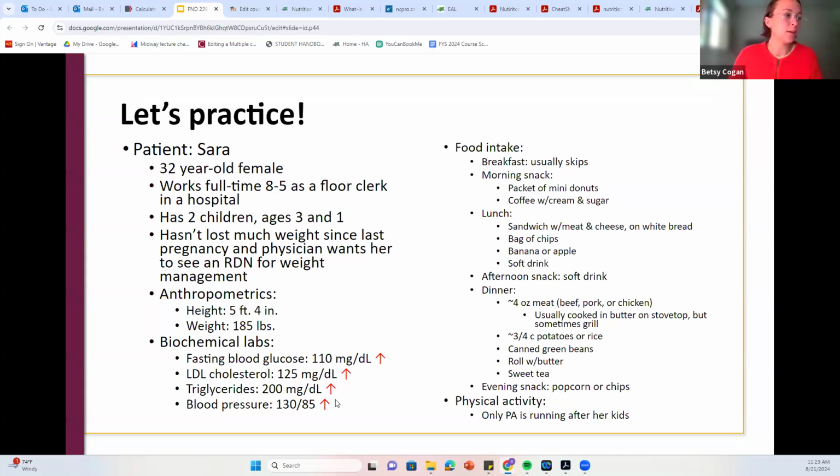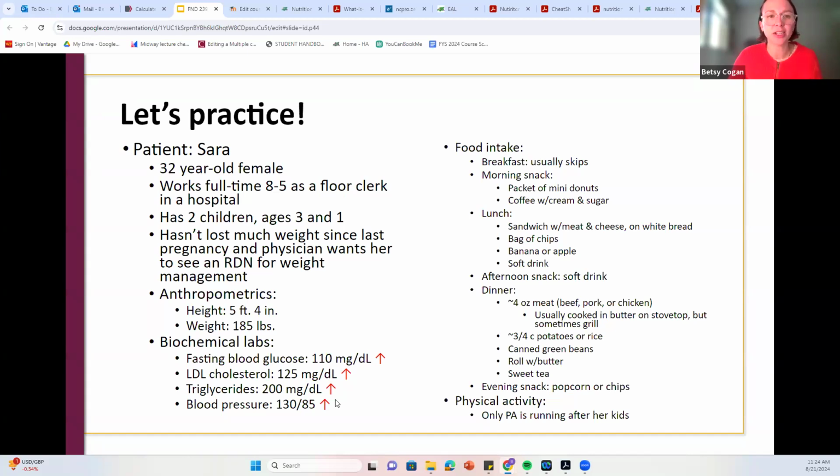If we look at her labs, and we see the arrows, she has high blood glucose, high cholesterol, high triglycerides, and high blood pressure. So maybe there's some cardiovascular concerns for Sarah. She is struggling to lose weight. She's a mother. She works full time, but has maybe a sedentary job. She works as a floor clerk in the hospital.